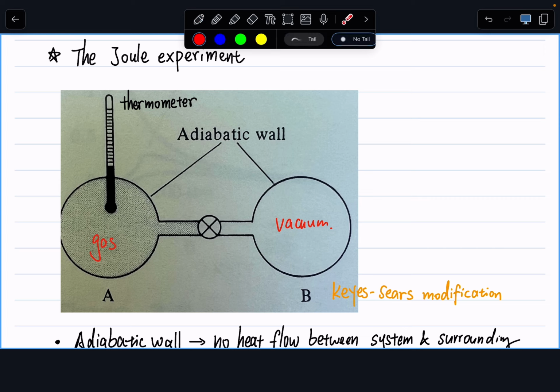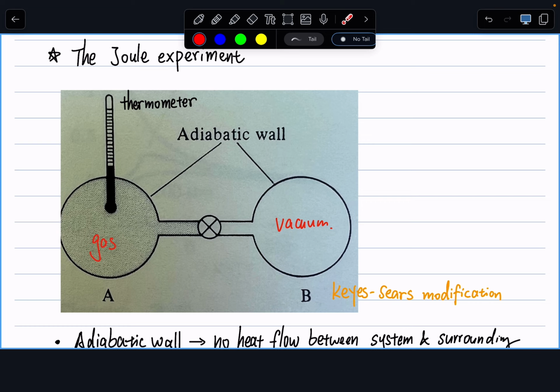And these two chambers are separated by a valve that allows the gas to permeate through that valve into the empty chamber. And let's say we have a thermometer inside the chamber to measure the temperature of the system. And also both chambers are surrounded by an adiabatic rigid wall.